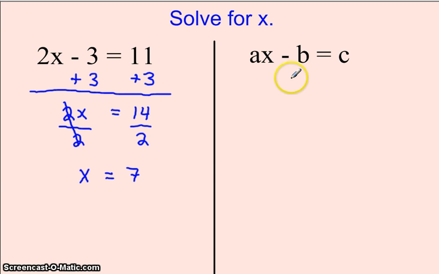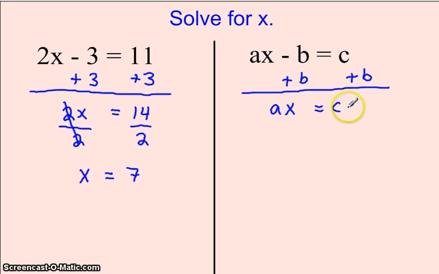So same steps. This is a minus b. We're going to add b. So this leaves us with ax equals c plus b, since c and b are not like terms, so we have to just leave it as c plus b. Now this is x times a, so we're going to divide by a.